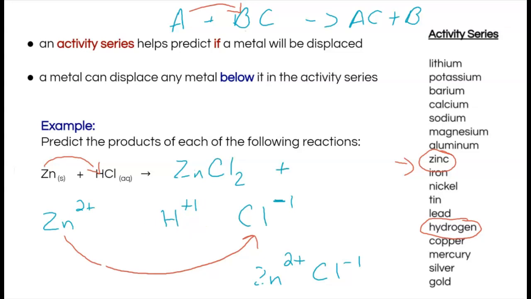It's always part of my diatomic list, so I write it as H2. That's how I go about doing this question. All of this on the side is the thinking that shows my work, but here is my solution to this question.